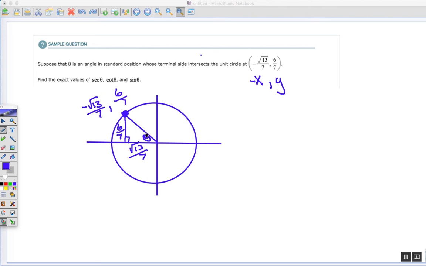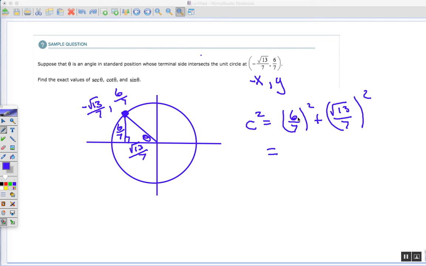So what we want to do now, since we're looking to find the exact values, that means no calculator. So our next step is to determine this side, and we would have to do that using the Pythagorean theorem. So remember, c squared, that's the hypotenuse, is equal to 6 over 7 squared plus square root of 13 over 7 squared.